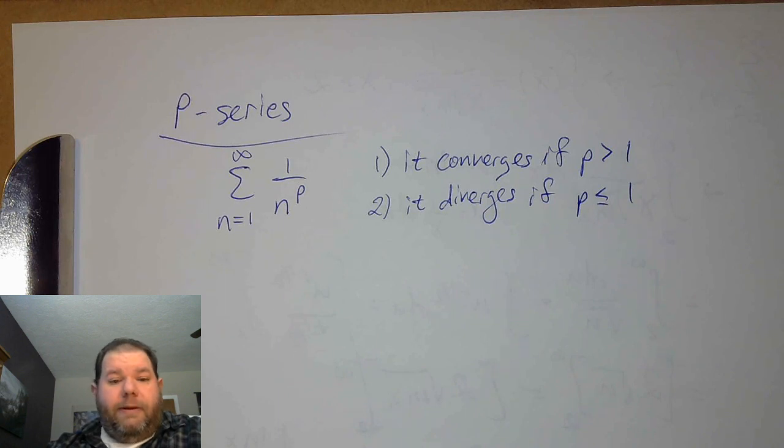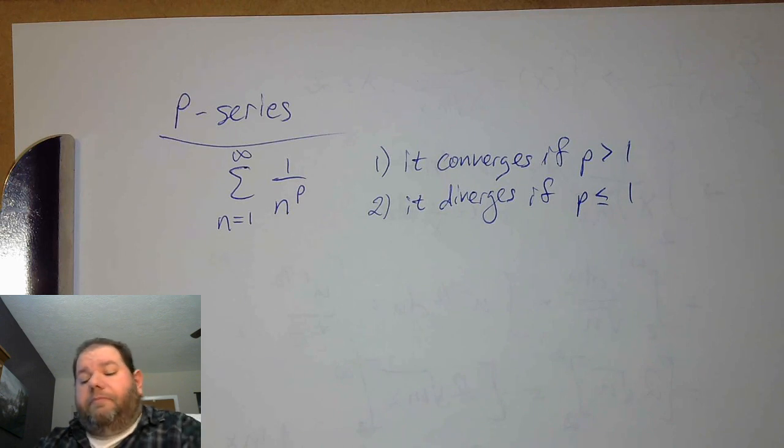This honestly is about as easy as these problems get, looking at a p-series. This will be more significant when we move on to section 4 and use these as comparisons with what we call our comparison test. But for now, we're just introducing a relatively simple idea.